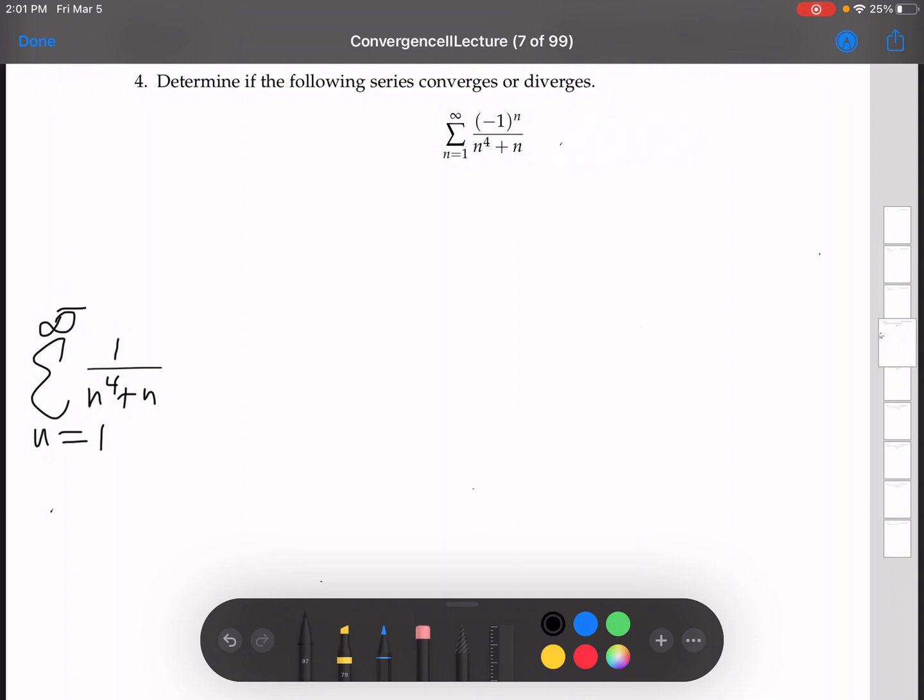All right, so this one here, let's see. Notice that this one here looks very similar to 1 over n to the fourth, or looks very similar to the infinite series 1 over n to the fourth, which is a convergent p series. P is equal to 4, which is greater than 1. So this thing is convergent.